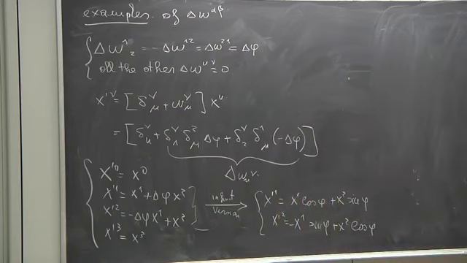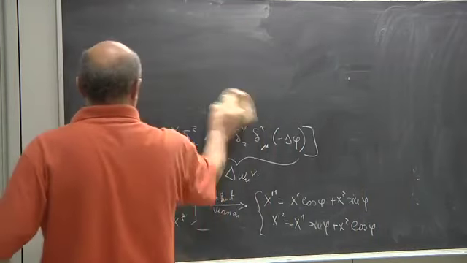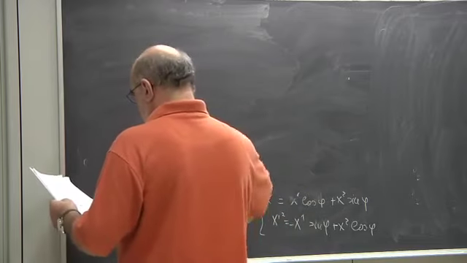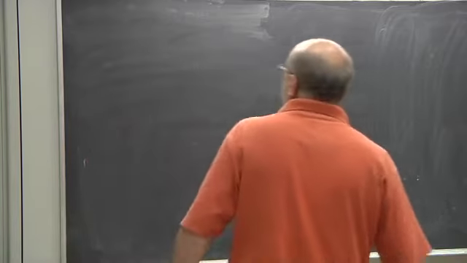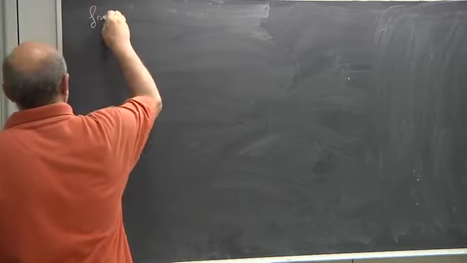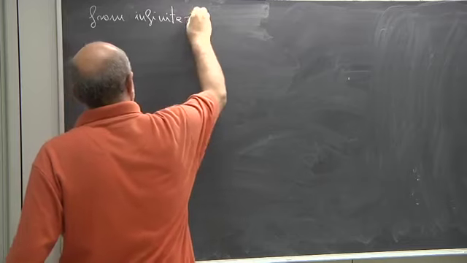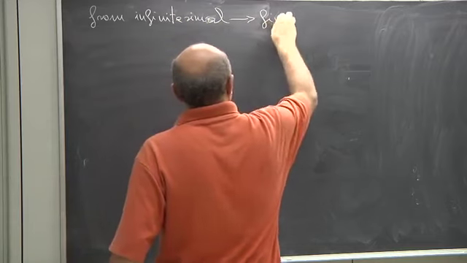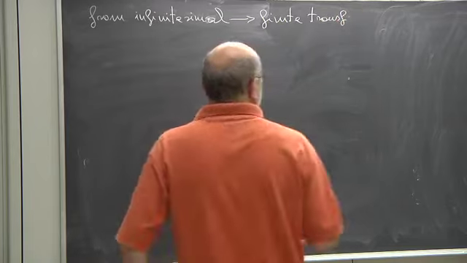That means we have to combine many infinitesimal ones and get a finite transformation. So, from infinitesimal to finite transformation.